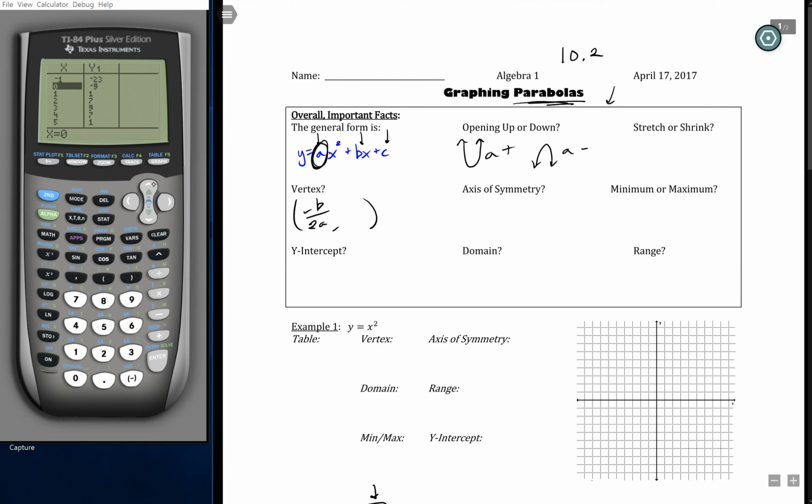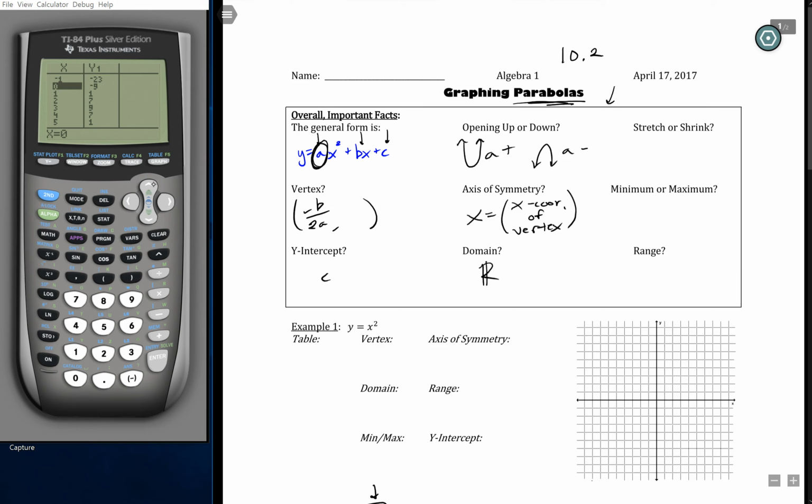Axis of symmetry, we talked about, is the same x-coordinate as the vertex. So x equals, I'll just put in parentheses, x-coordinate of vertex. The y-intercept, we said, was the constant term, or c. The domain we know is always all real numbers.